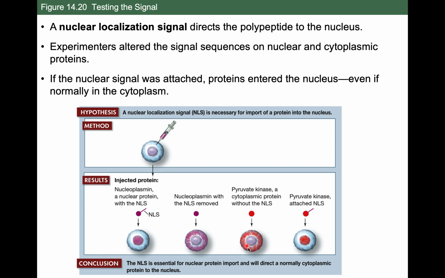Normally this protein's found in the cytoplasm, but as soon as we attach that other signal, boom, it all goes into the nucleus. So whether you're talking about a signal sequence or a nuclear localization signal, these things are very powerful, and they're going to make sure the proteins end up where they need to be.